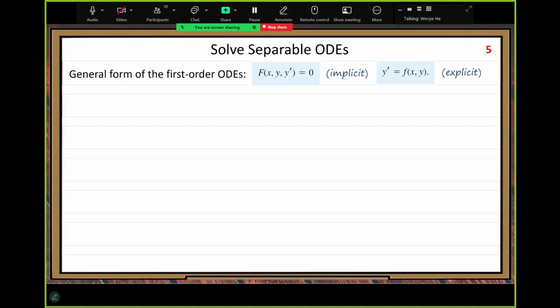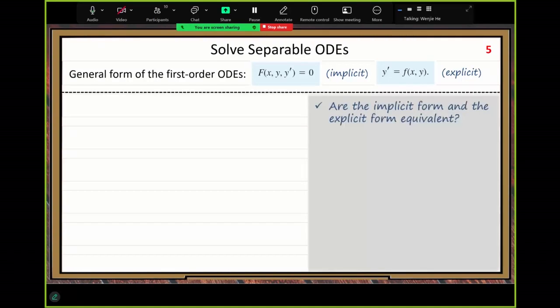Sometimes you can get it, sometimes you cannot. Are the implicit form and the explicit form equivalent? Most of the time, not equivalent, because most of the time you cannot find the explicit form. It could be very complicated.